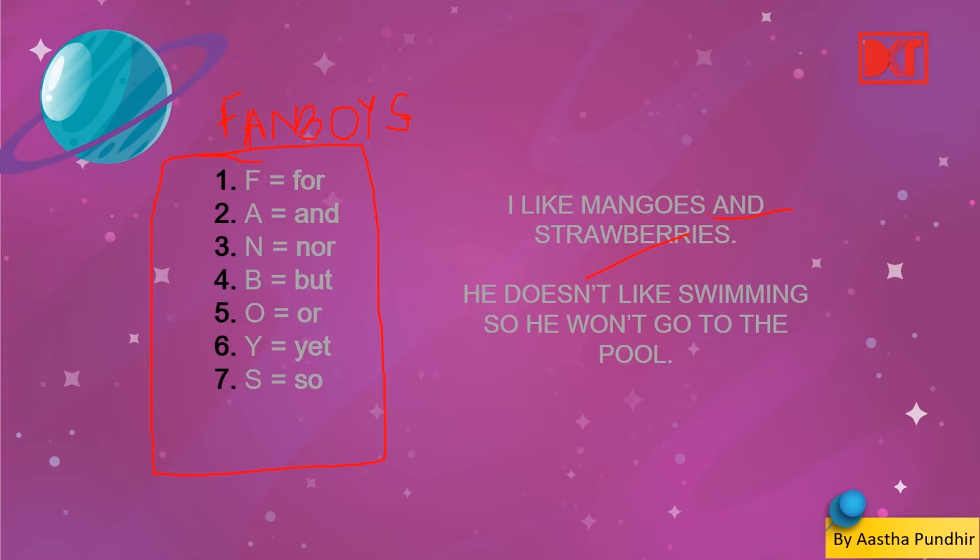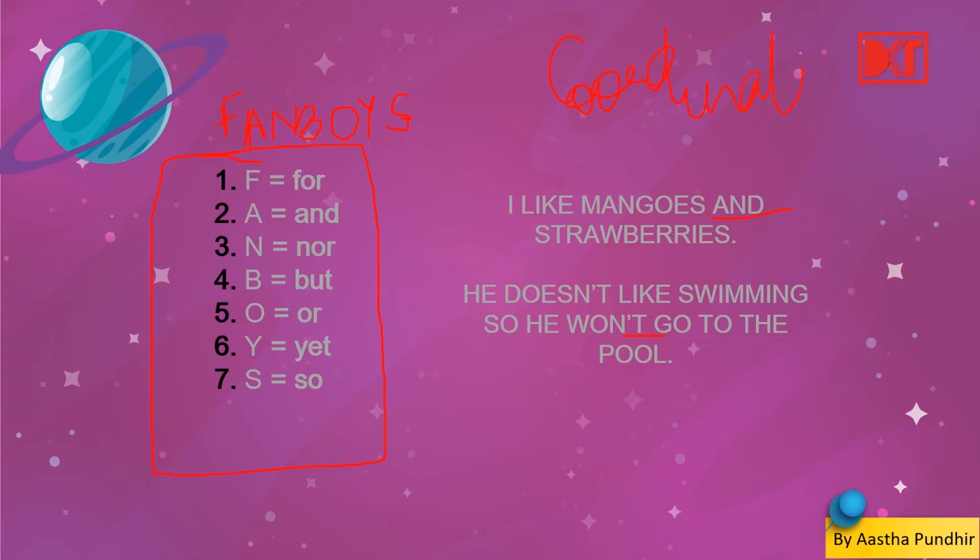Then similarly, for the next one, we have he doesn't like swimming, so he won't go to the pool. He doesn't like swimming, so is coordinating, linking these two separate clauses. Right? So यही काम होता है किसका? Coordinating conjunctions का. क्या? Coordinate करना.